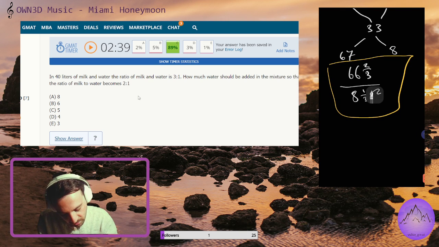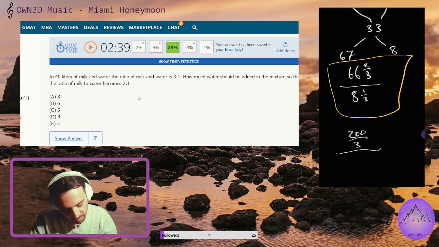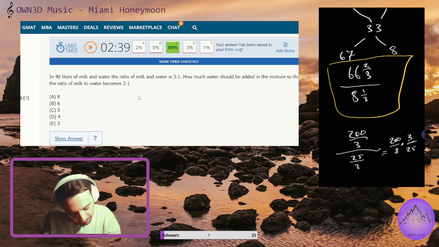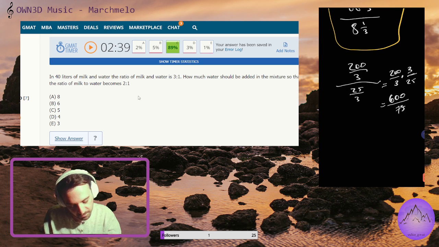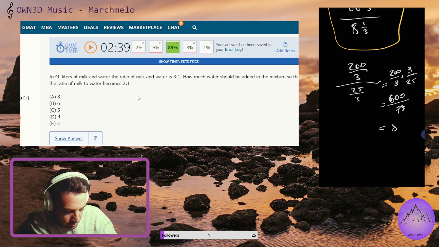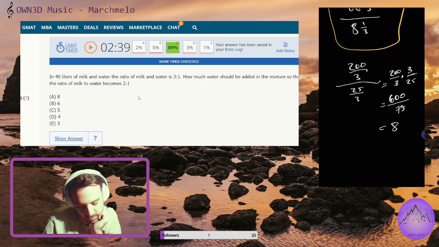And if I simplify that, we end up with 200 over 3 divided by 25 over 3, which is equal to 200 over 3 multiplied by 3 over 25, which is equal to 600 divided by 75, which is equal to 8. 75, 150, 300, and 600. Yep.